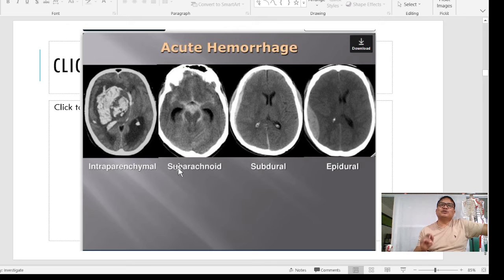So, subarachnoid is between the arachnoid villi and the pia. Then, subdural, that is below the dura but above the arachnoid villi. And epidural means naara siya sa gawas, peripheral sa dura. So, it is between the skull and your dura. So kana makita na to, this is intraparenchymal, sulod within the brain tissue.